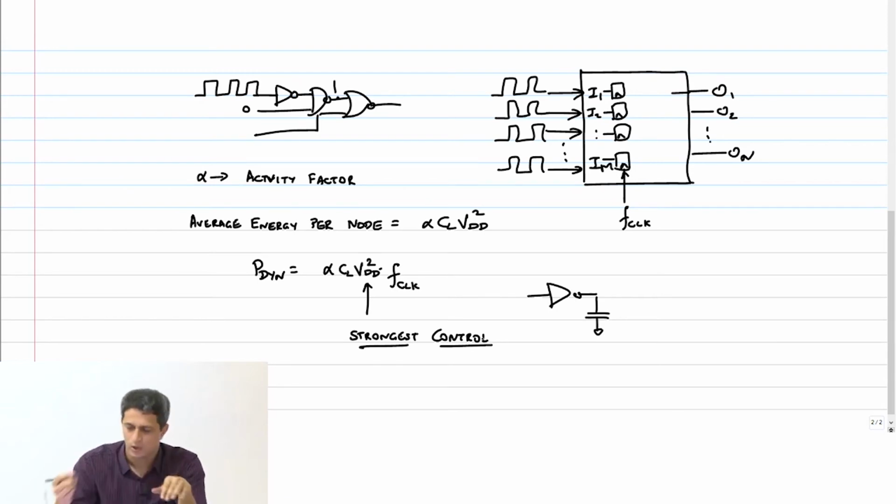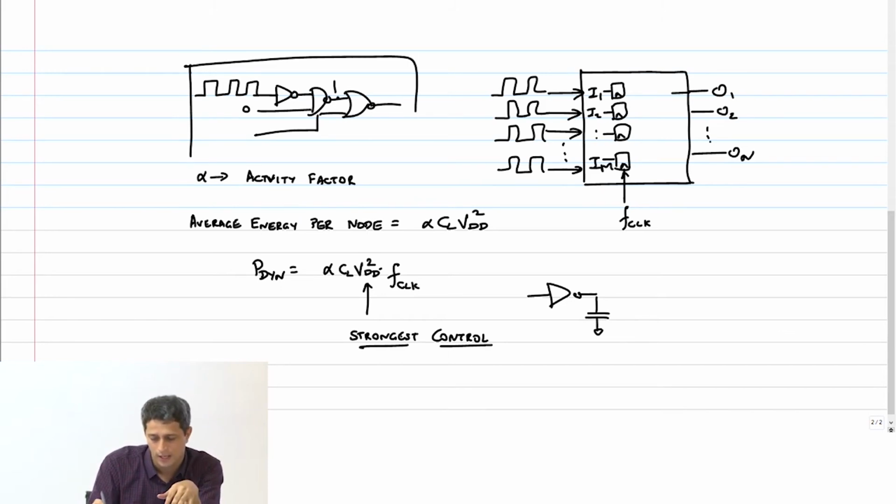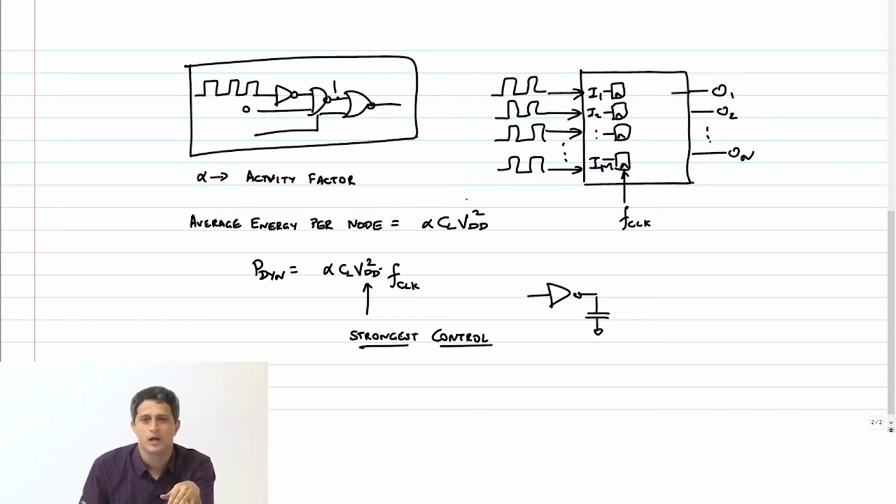So if I am given a particular circuit like this here and I want to calculate the total dynamic power, I need to first estimate the switching factor of this node, of this node, and of this node. Then I have to estimate the total capacitance on each of these nodes.